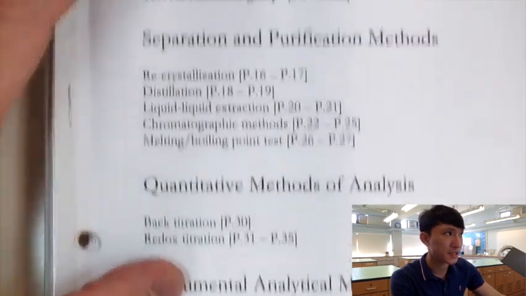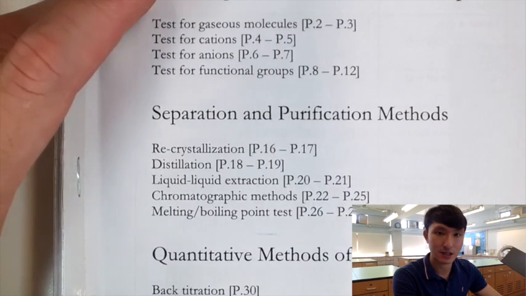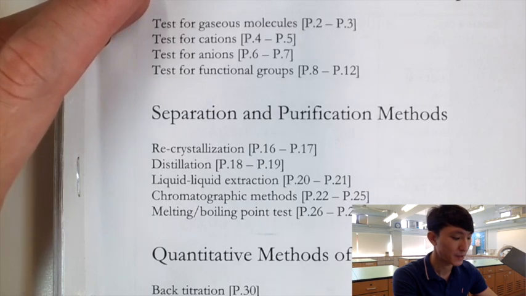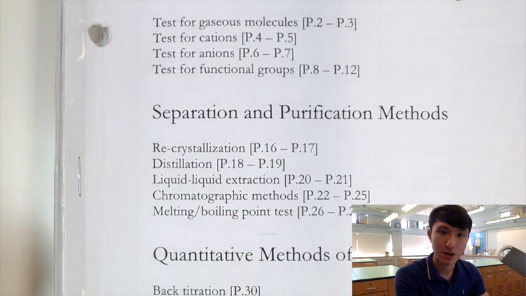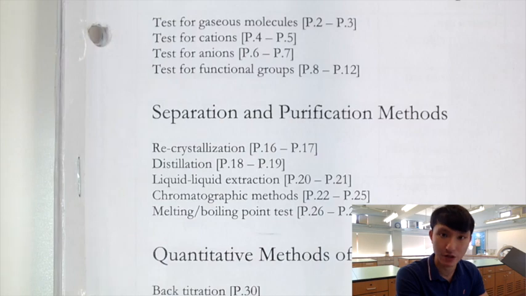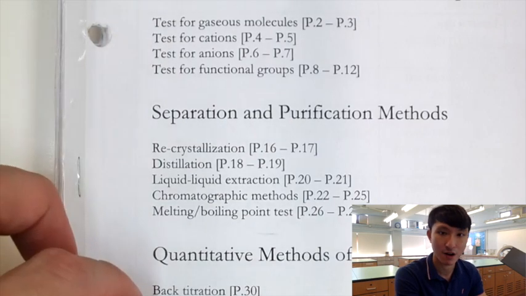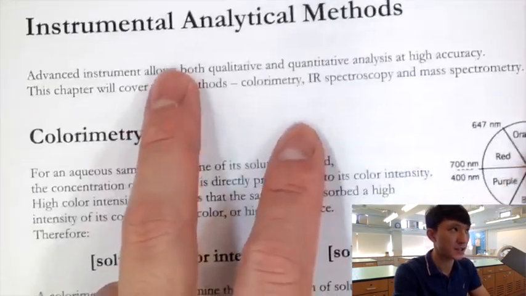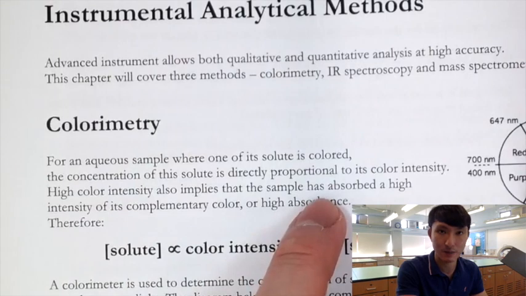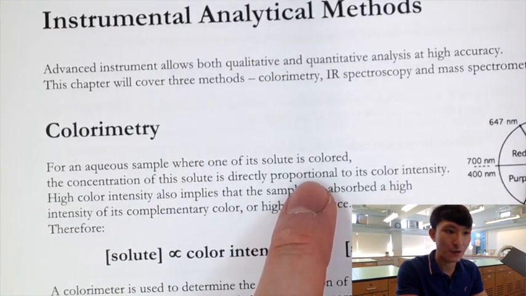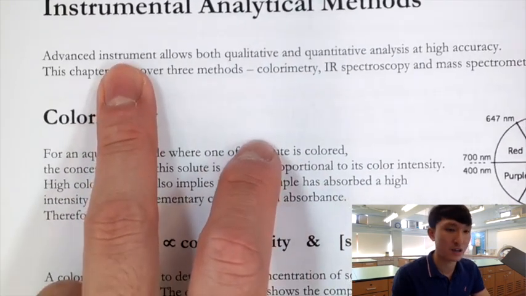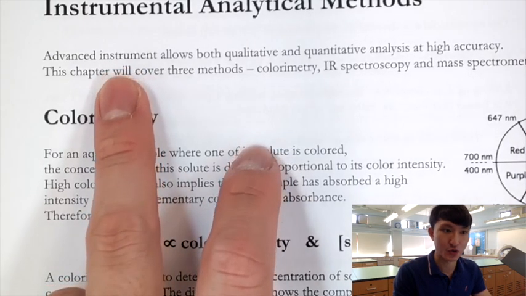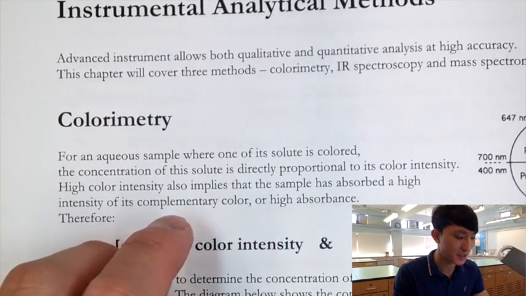Now, all these chemical tests or methods we call wet chemistry, because they are dealing with chemicals, and we are making use of reactions to find out what it is and how much there is. However, instrumental analysis is not considered wet chemistry, because first of all we are relying on an instrument instead of using chemicals to carry out the analysis.